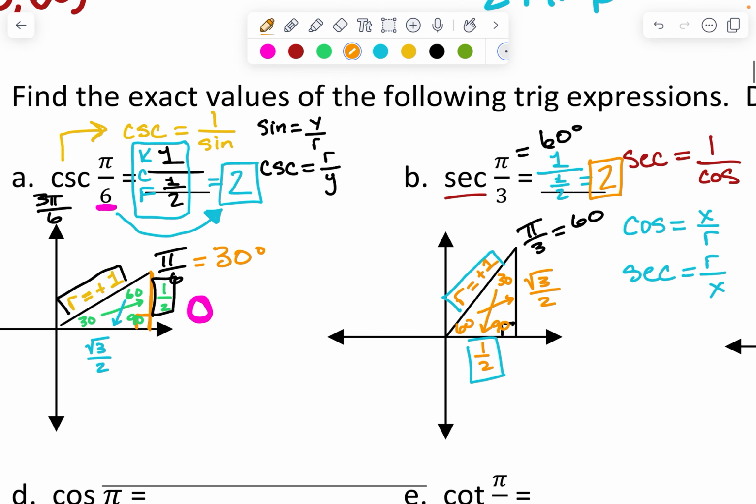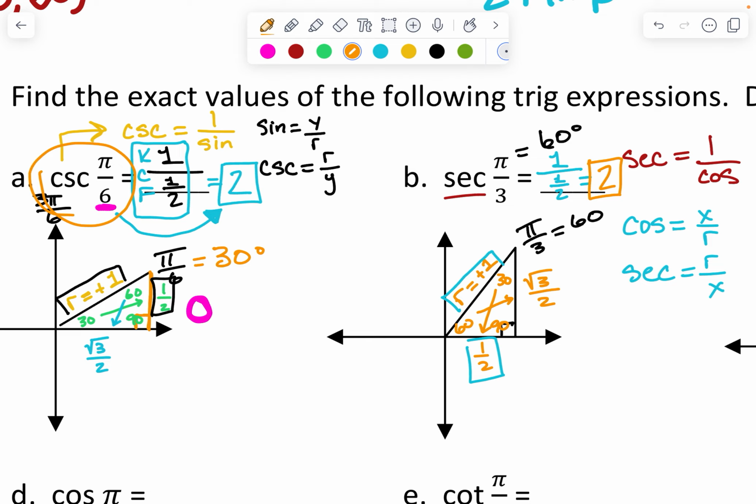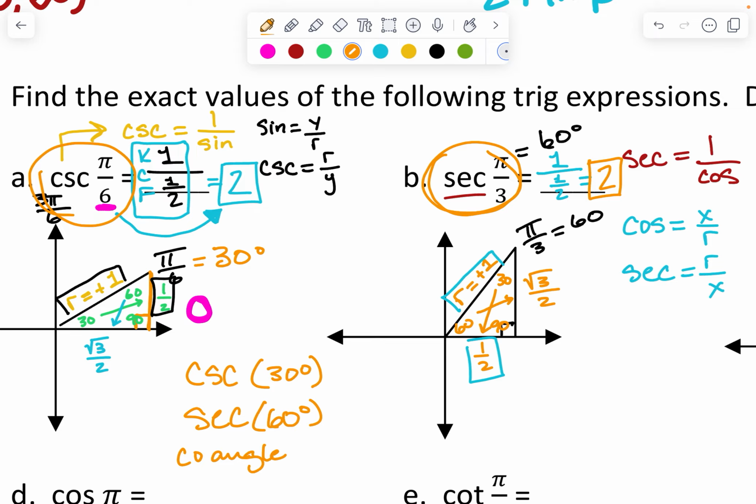Now, not trying to divert here too much, but if you look at these two, the cosecant of 30 degrees and the secant of 60 are cofunctions of complementary angles.